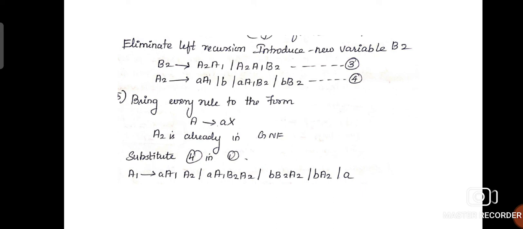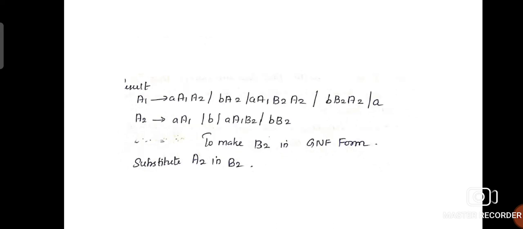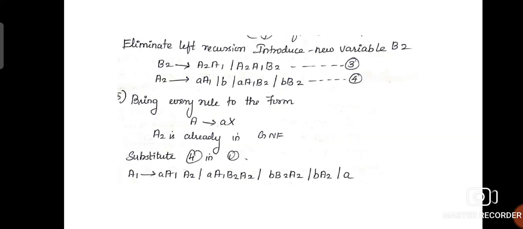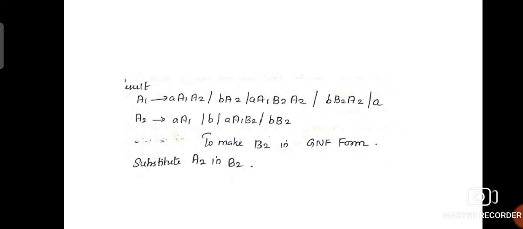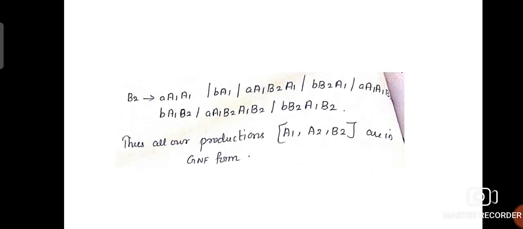That is, our condition is that the right hand side should have only one terminal followed by any number of non-terminals. In this manner we have to substitute into the other production rules. Finally we have to check whether all the productions have reached our condition for GNF.